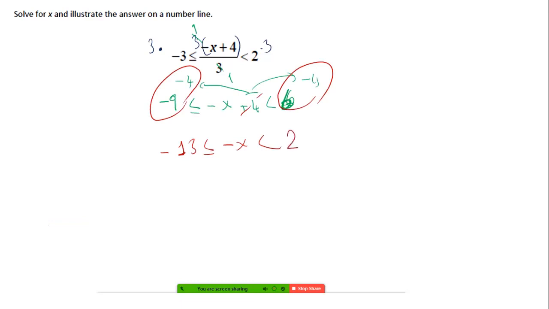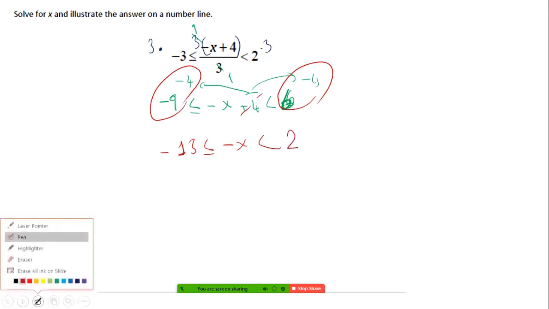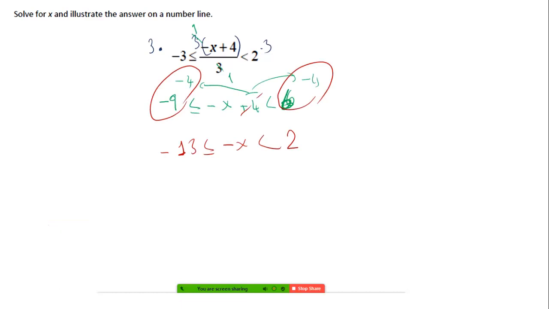And then I see x is still not alone, because there is negative 1. There is no number, this negative 1 is 1 times x. So I take this one there as division and don't change the sign, and this one too as division.